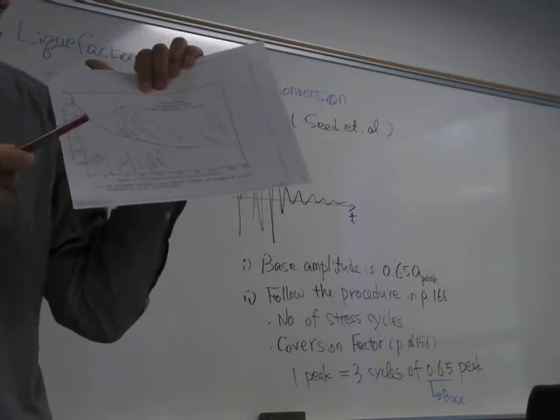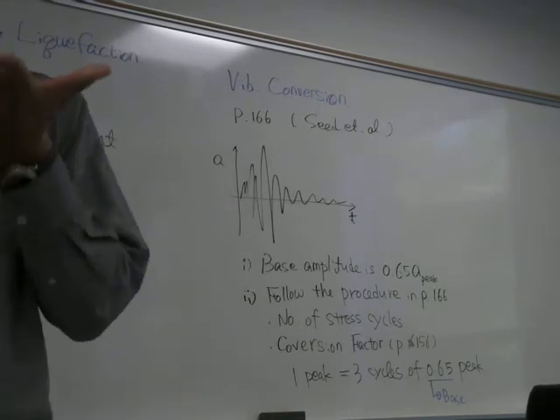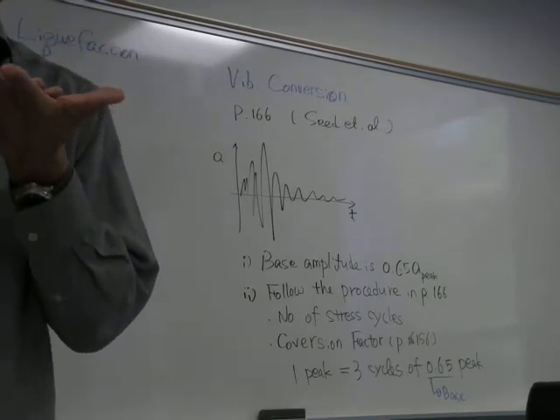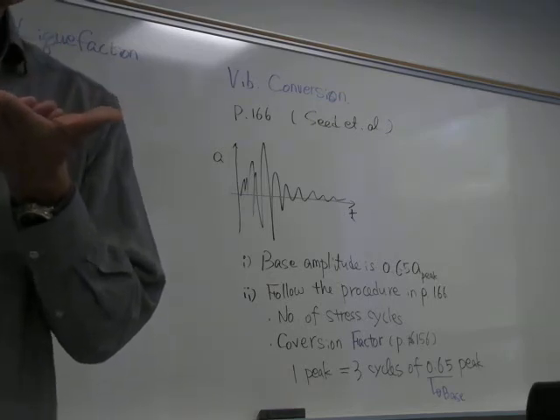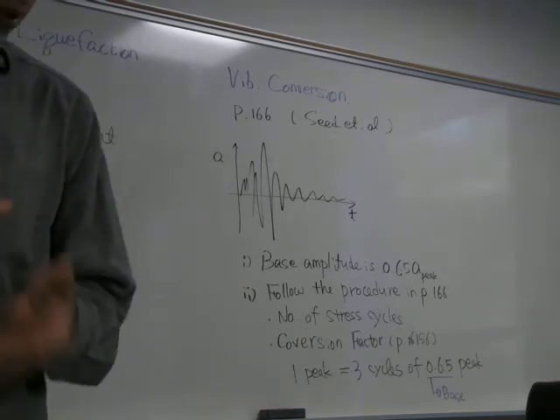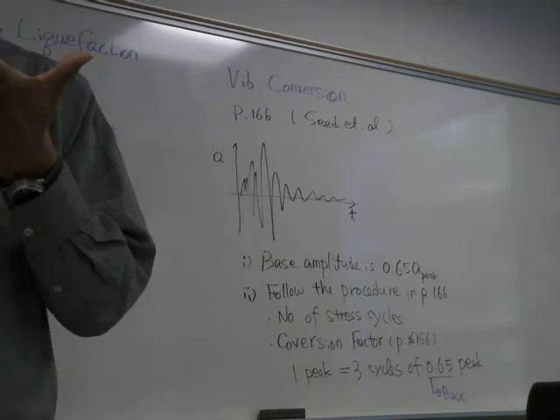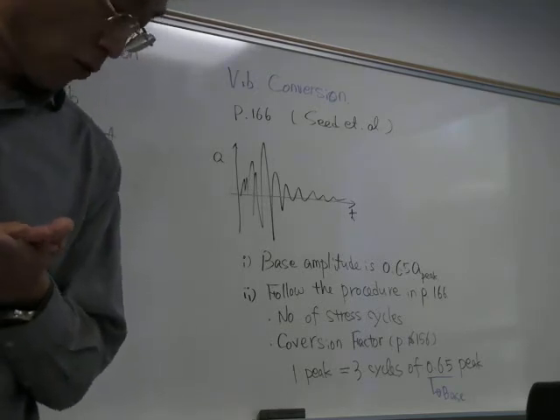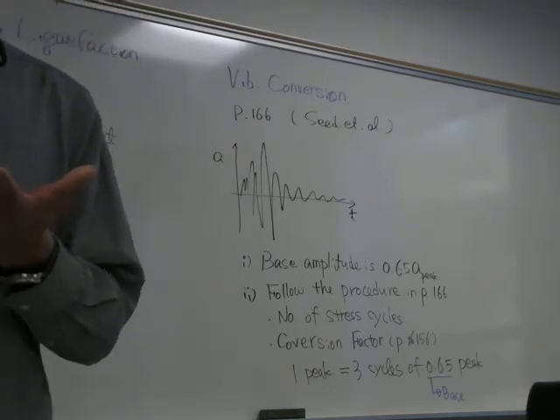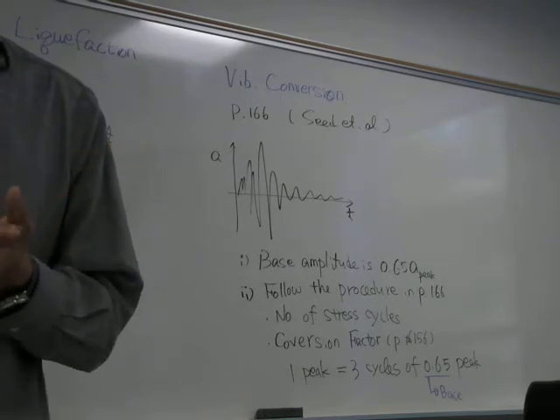And then what we can know is, as the amplitude is getting lower and lower, it requires a higher and higher number of cycles to cause the liquefaction. Correct? That means one cycle of 0.1 peak acceleration may require 1,000 cycles to cause the liquefaction.